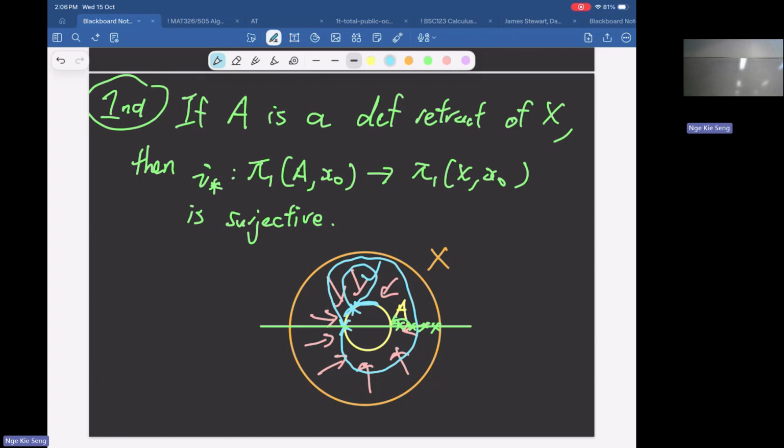I think you misunderstood my space there. This X is an annulus. So there's nothing inside A. A is an empty annulus. So A you can think of as an S1.